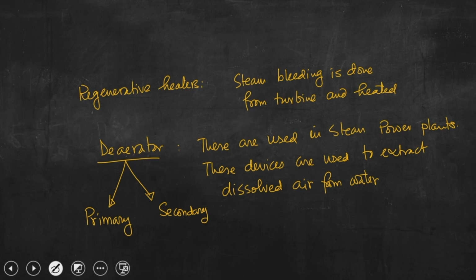Primary deaerator: we have discussed that in the condenser, we are taking air, we are taking coolant, right. The condenser is operated at a pressure less than the atmospheric pressure.